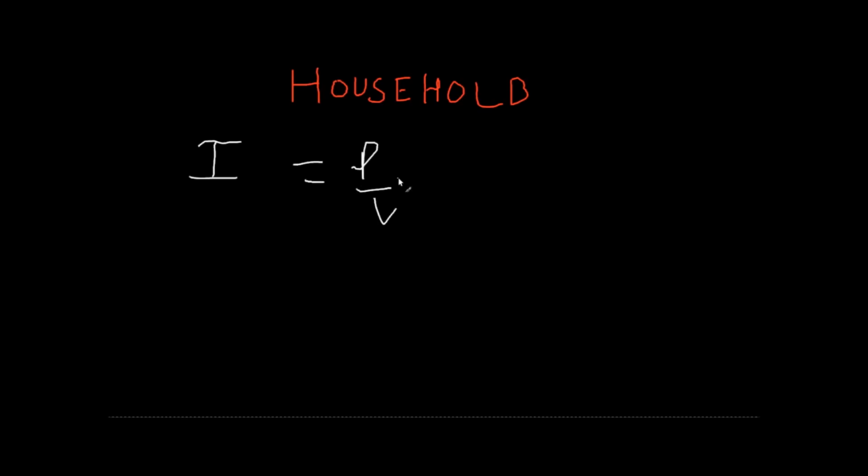Another thing he's talking about is resistance, which is V square by P. And where did this come from? We know P is equal to V square by R, and therefore cross multiplying, R is equal to V square by P. Alright guys, that's pretty much it on this.